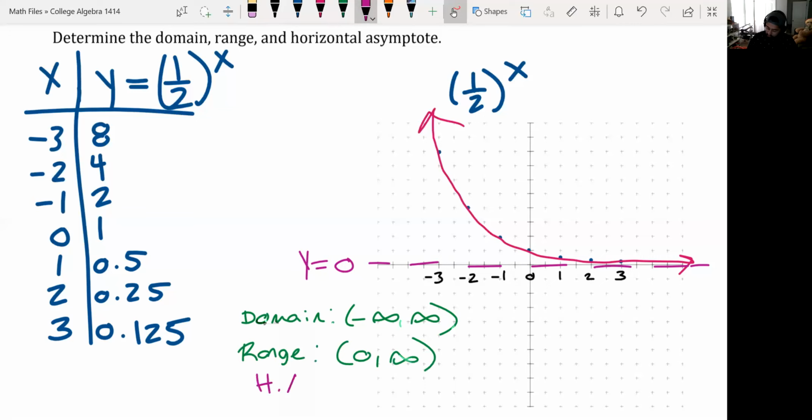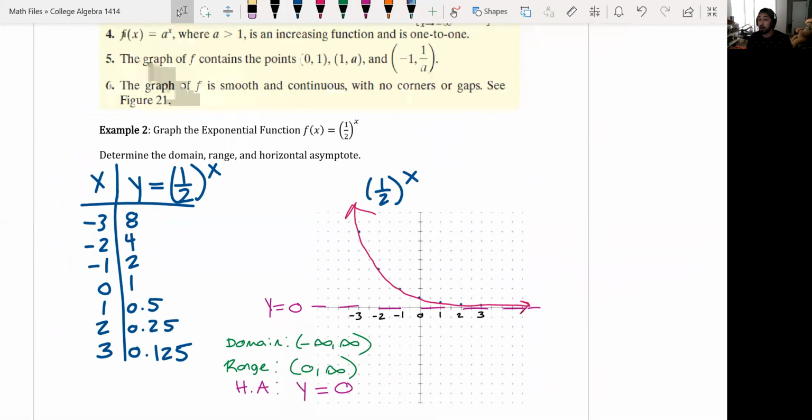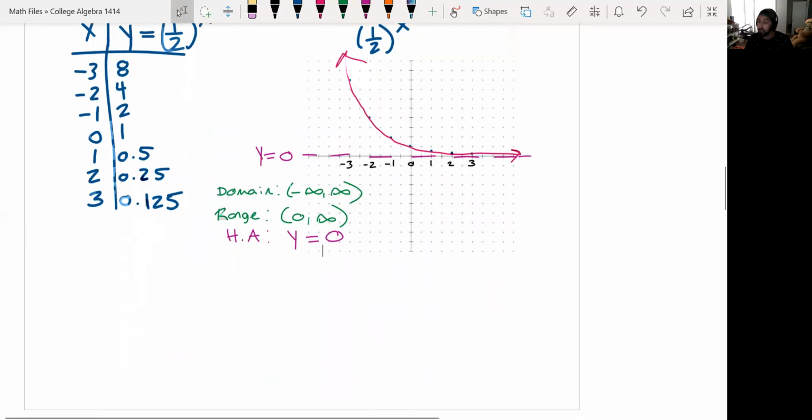And your horizontal asymptote is y equals 0. There you go. Now, these are the properties of a function whose base is between 0 and 1. 1/2 is between 0 and 1. And now let's look at those properties, which are on the next page.